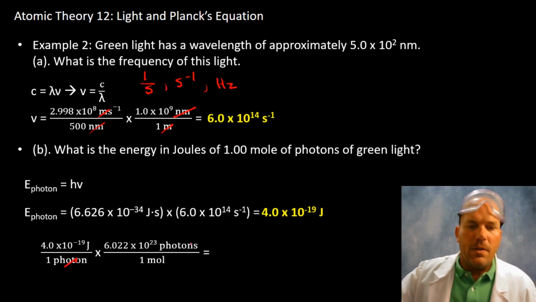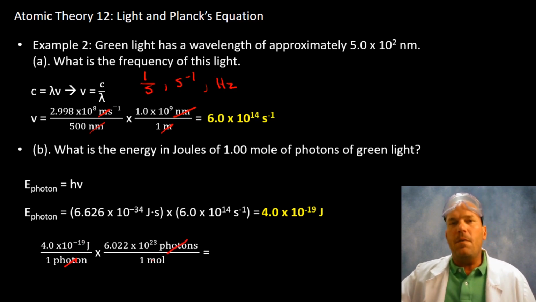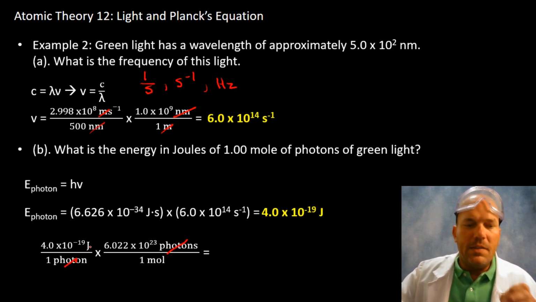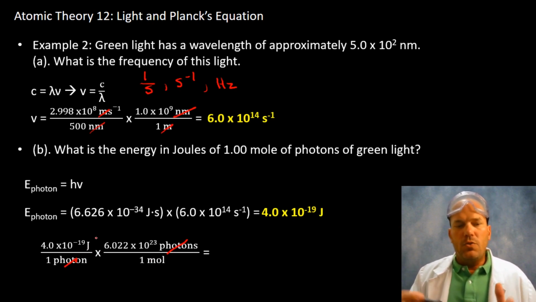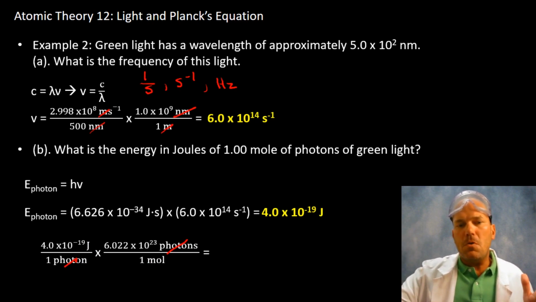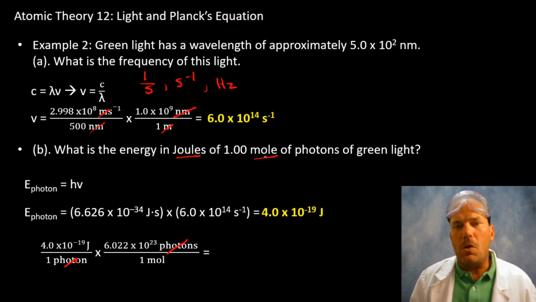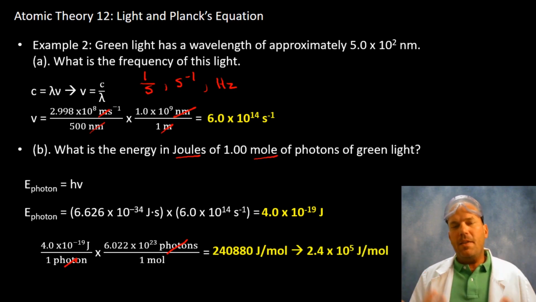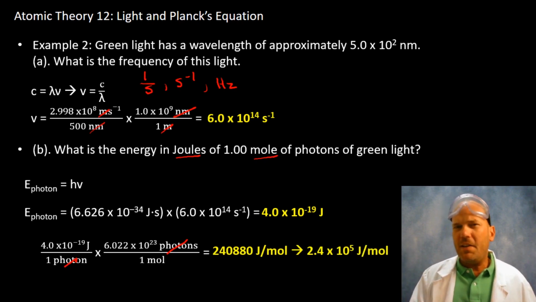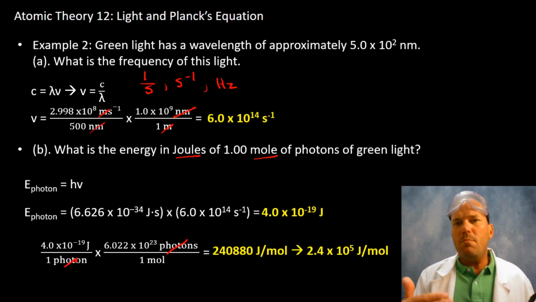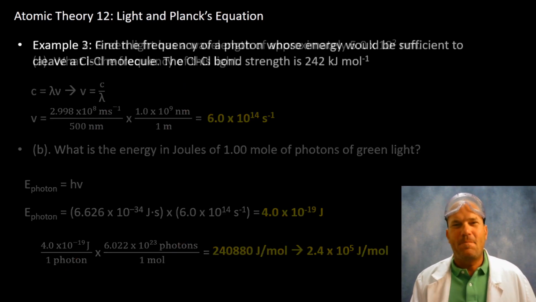And you know there's Avogadro's number of photons in one mole. And what units does that leave you with? Joules per mole. And what are you asked? You're asked for joules in a mole. So grab your calculator and see if you get this number here with 2 sig figs, reported as 2.4 times 10 to the 5th joules in 1 mole of green light.